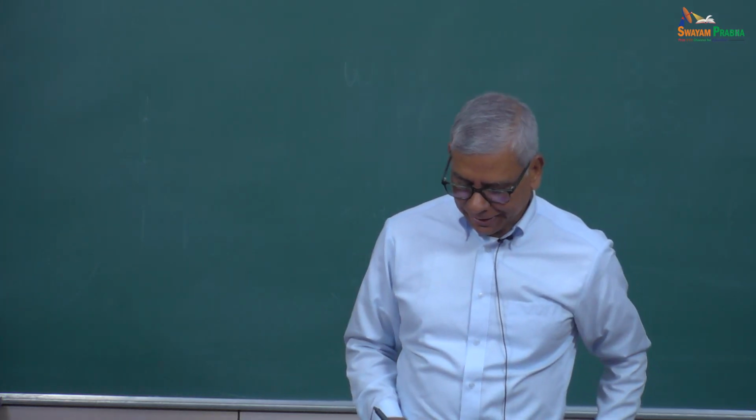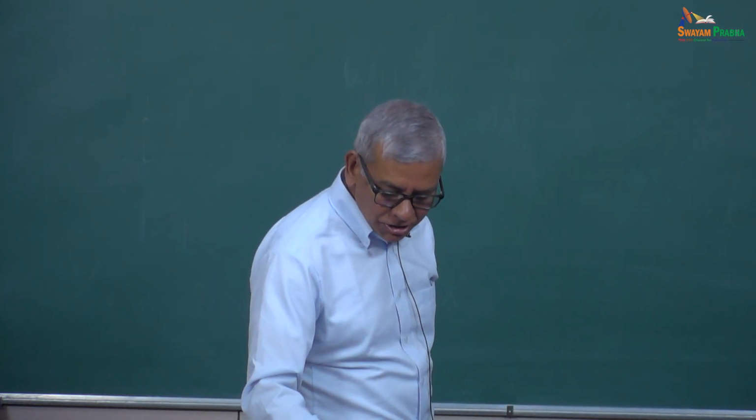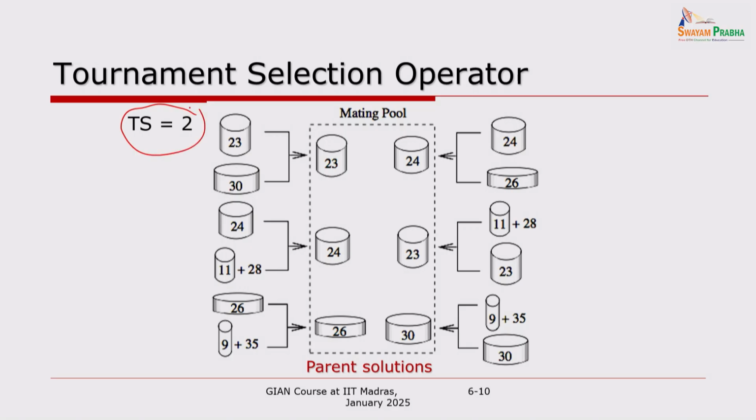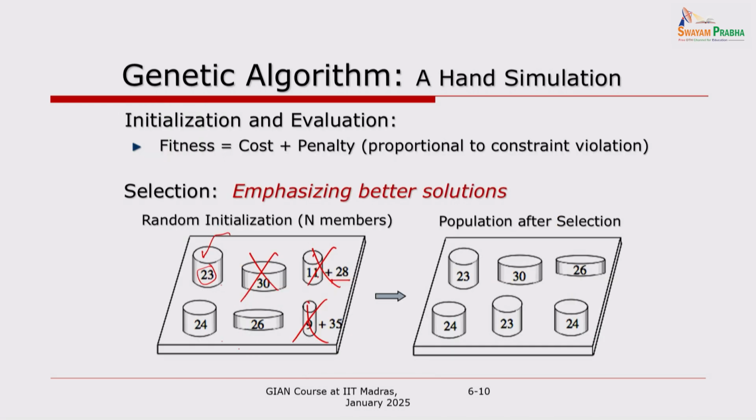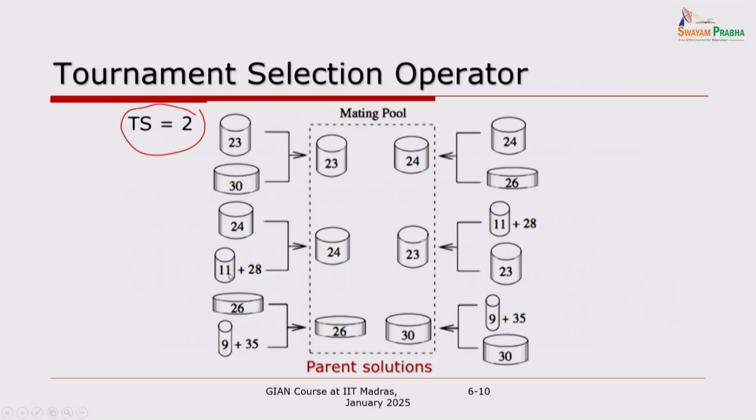How do we do it? Here, there is a concept of tournament size. In this case, I am keeping size equal to 2. What does that mean? I shuffle all my 6 members which are here. This is my P t, and this is my P dash t, if you remember, the mating pool. I'm showing from here how I get that. So these 6 members, I shuffle them like you shuffle a pack of cards.